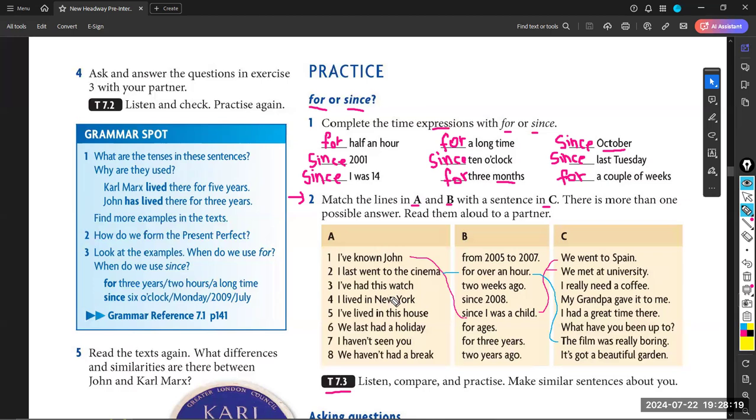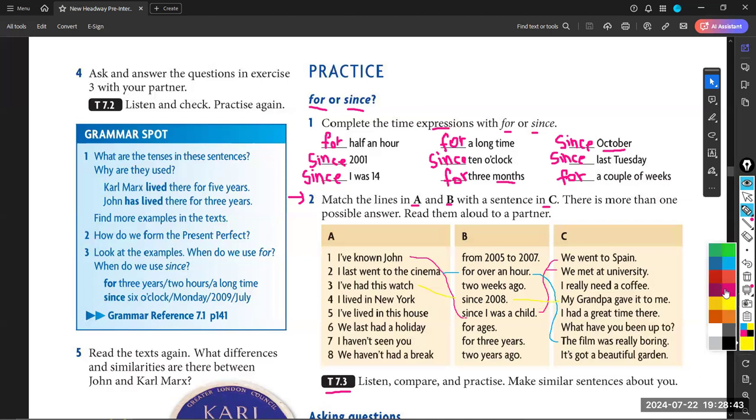Now 3, let me change the color. I've had this watch since 2008. Don't forget that since is used with 2008. My grandpa gave it to me. Okay.